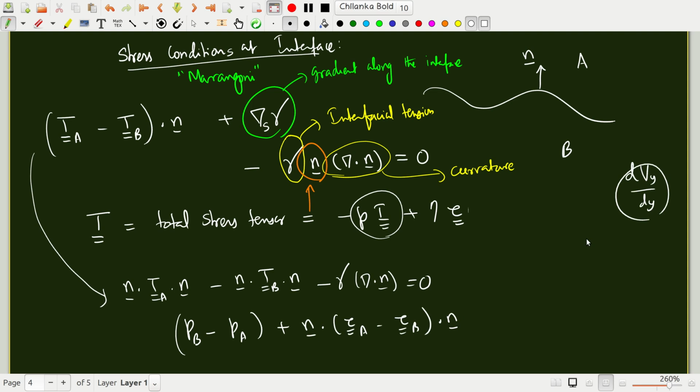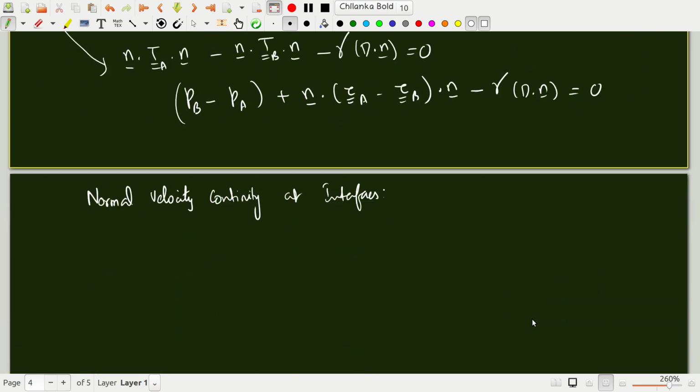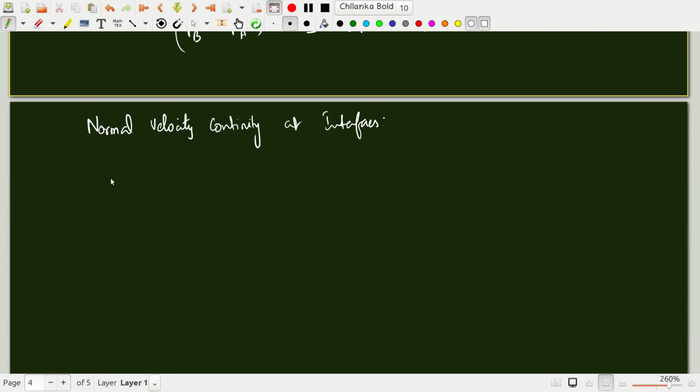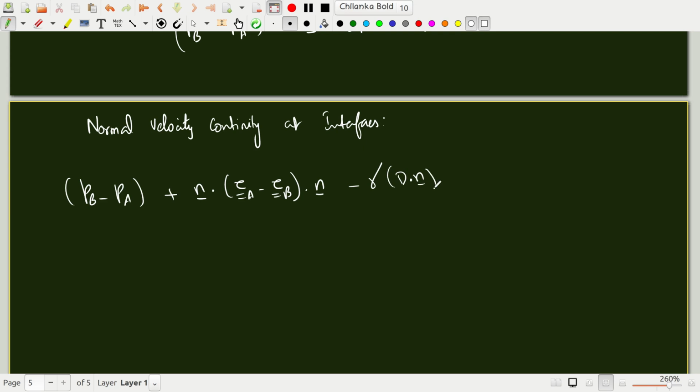The double dot product of tau with n gives you the normal component of the viscous stress tensor. So what we'll end up with is P_B minus P_A plus n dot (tau_A minus tau_B) dot n equals gamma del dot n. And this del dot n is called the curvature of an interface.